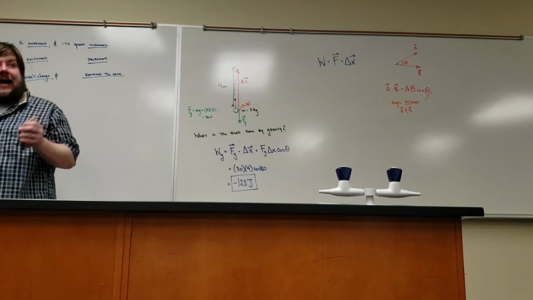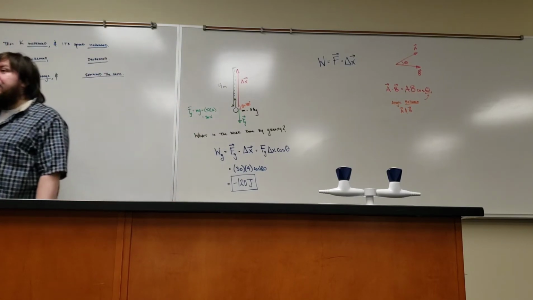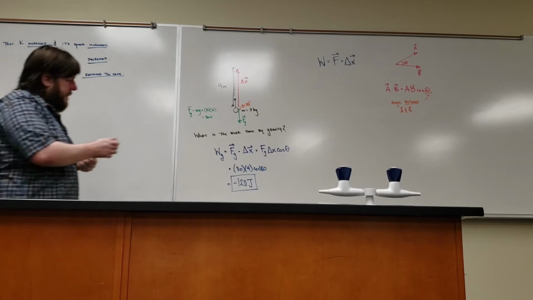It's slowing it down. As my object travels upward, gravity is acting to decrease the speed of the object. Any force that acts to decrease the speed of the object will also act to decrease the kinetic energy, and therefore it should produce a work with what sign? Negative.